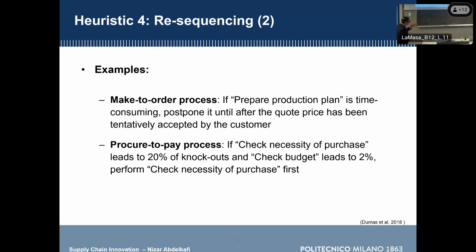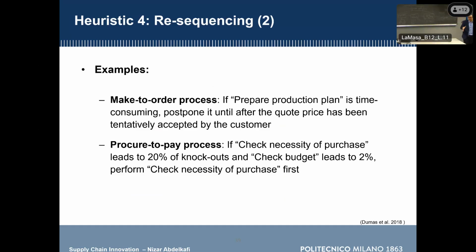So instead of going linearly, one after the other, prepare bill of material, prepare production plan, and then estimate cost and delivery, why not resequence these activities? You may tell me, okay, but in order to estimate the cost and delivery time, you need to know the production plan, or otherwise you will not do that.